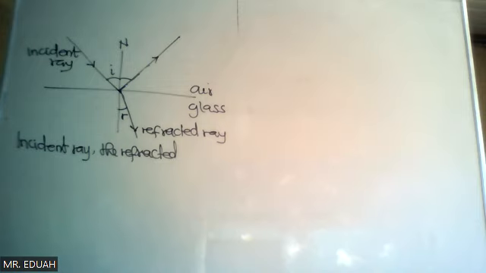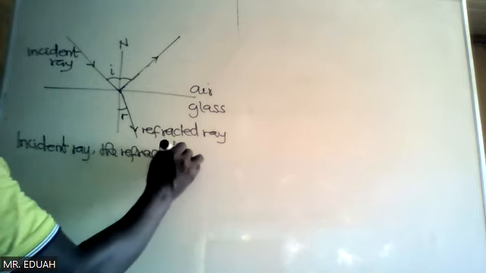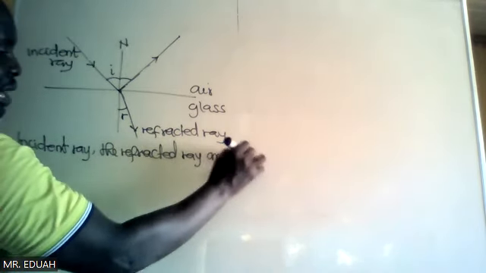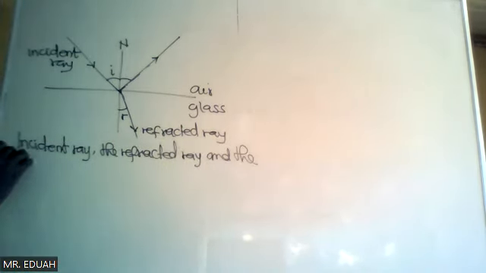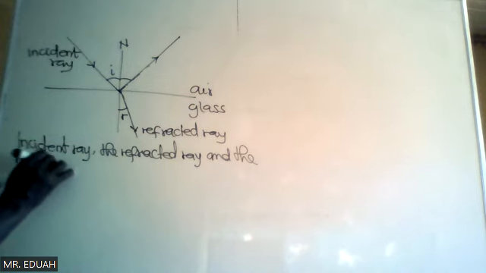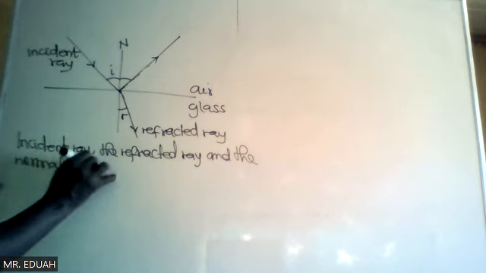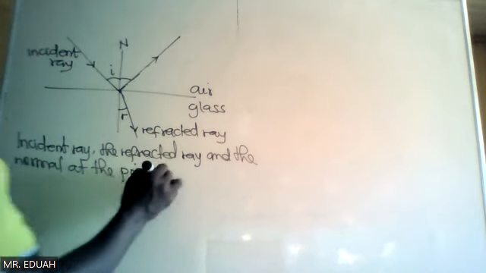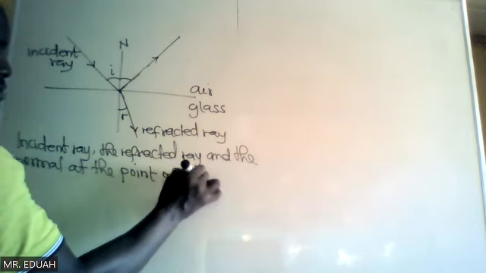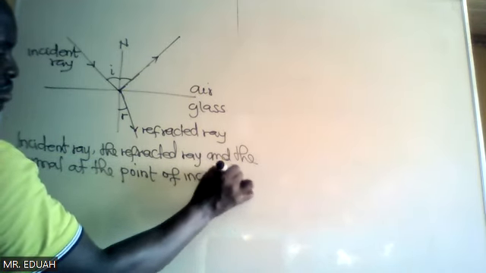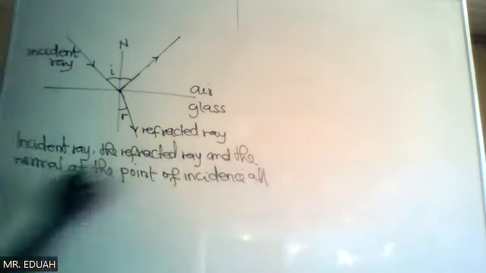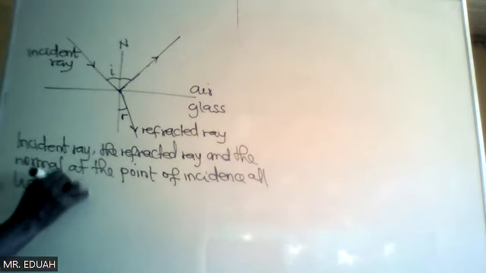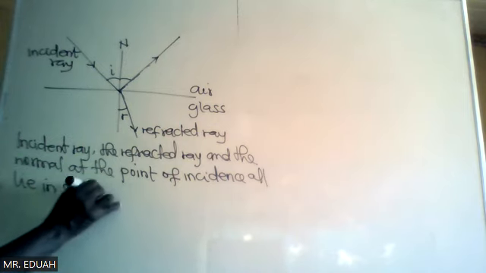So the incident ray, the refracted ray, and the normal at the point of incidence all lie in the same plane.